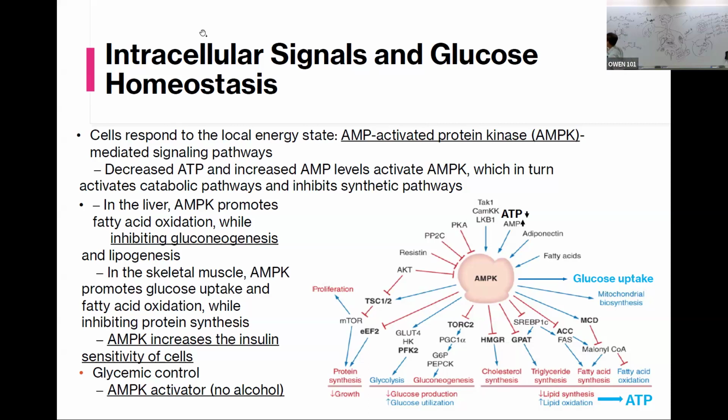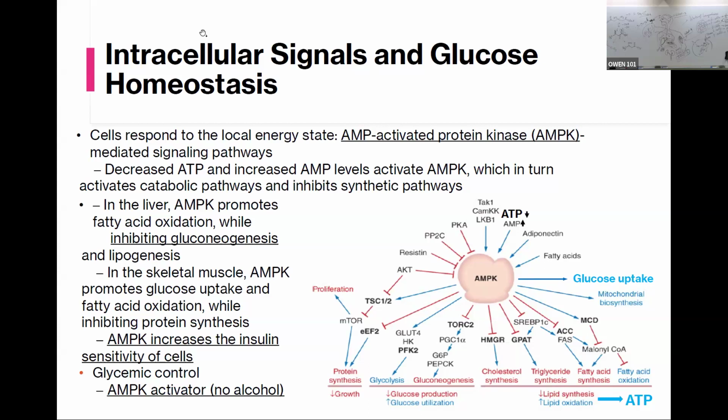So what happens? That induces glucose uptake. Because ATP is down, AMP is up. So that increases the AMP-activated protein kinase. So when AMP is up and ATP is down, the enzyme AMP-activated protein kinase gets more activated.